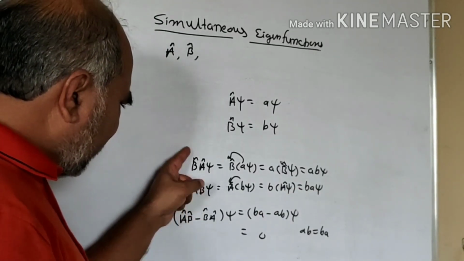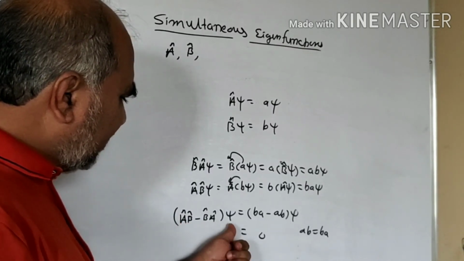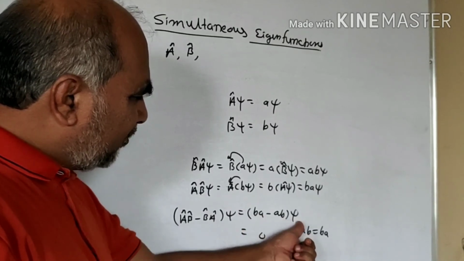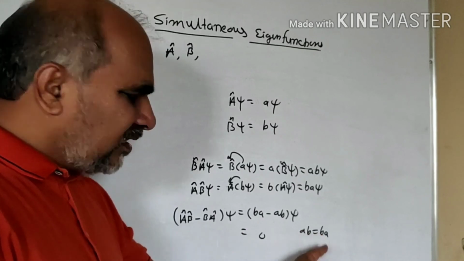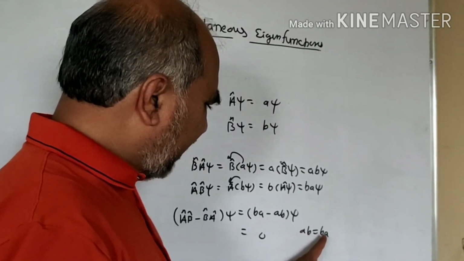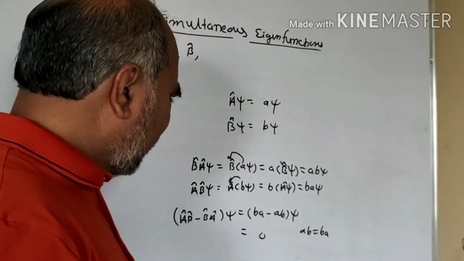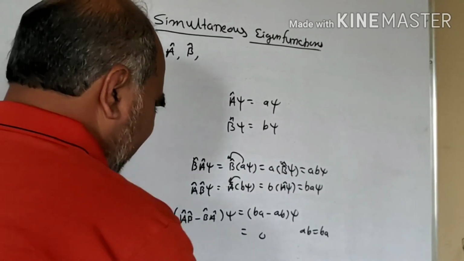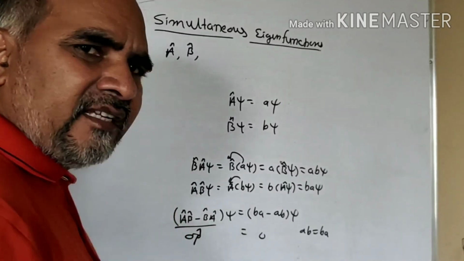Take the difference of these two: AB minus BA operating on psi. But ab and ba are scalars, therefore ab is equal to ba, so this bracket is equal to 0. Therefore AB minus BA acts as an operator.